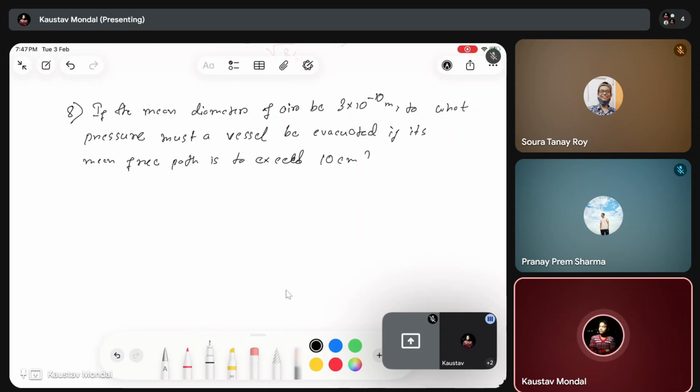So very high mean free path. Okay, T is 273 Kelvin.